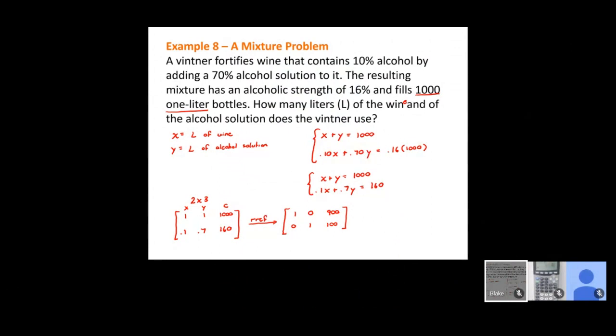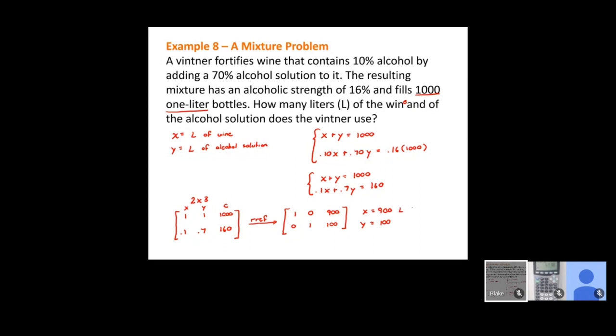So what does that tell us now? Good. So our X value is 900. Our Y value is 100.